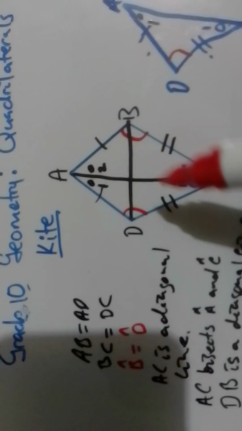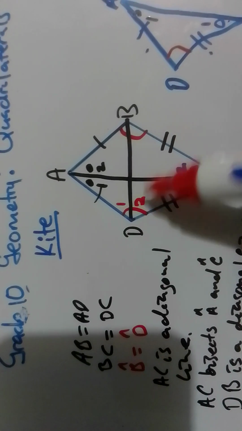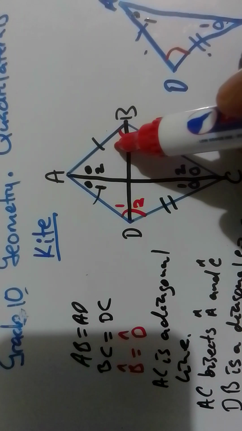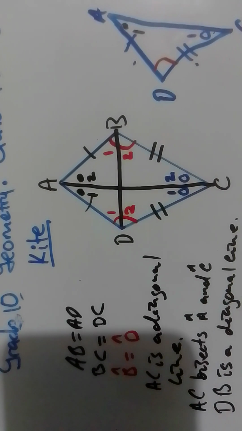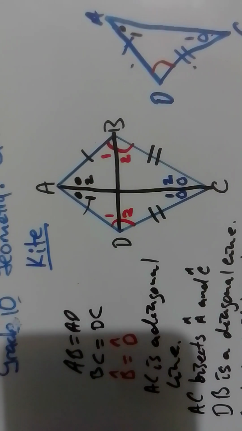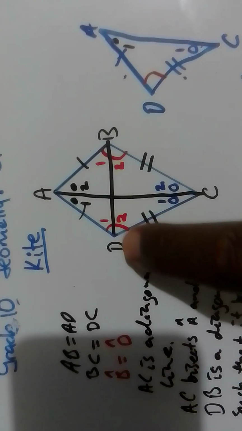got angle D1, here we've got angle D2, here we've got angle B2, and there we've got angle B1, right? Okay, so that's what's happening with the introduction of this diagonal line DB.